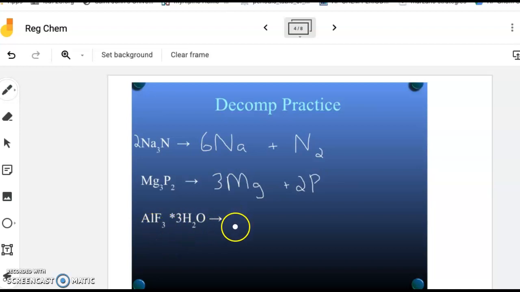So we just have to rewrite the reactant with a plus sign rather than that asterisk to show that now the water molecules are separated. Okay, so this is a hydrate.